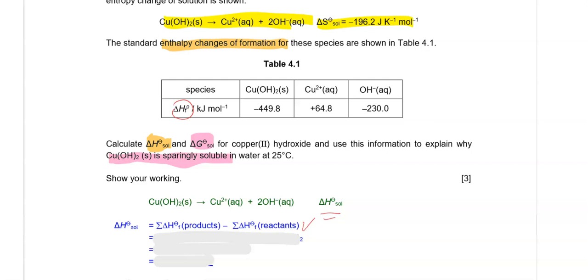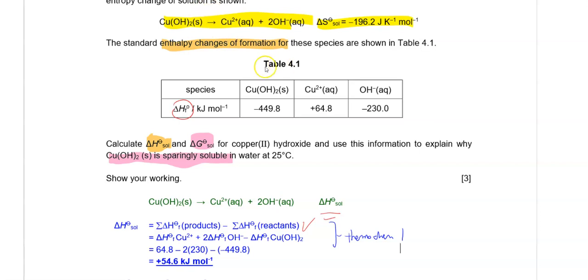So in this case, substitute in your delta HF of your products, which is copper 2 plus 64.8 and hydroxide negative 230. You multiply respectively by the coefficient. This is similar to what we have discussed in thermochem 1. Alright, sub in the values, solve for your delta H. You get positive 54.6 kJ per mole.